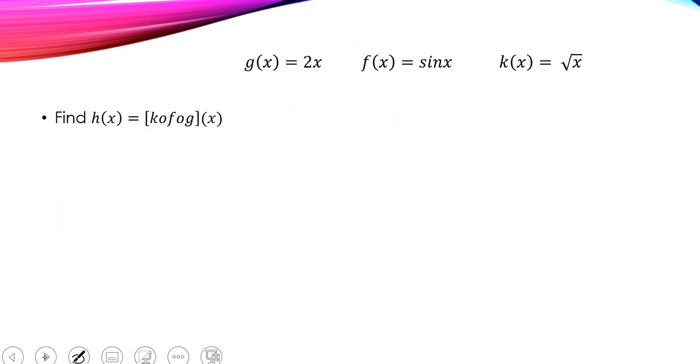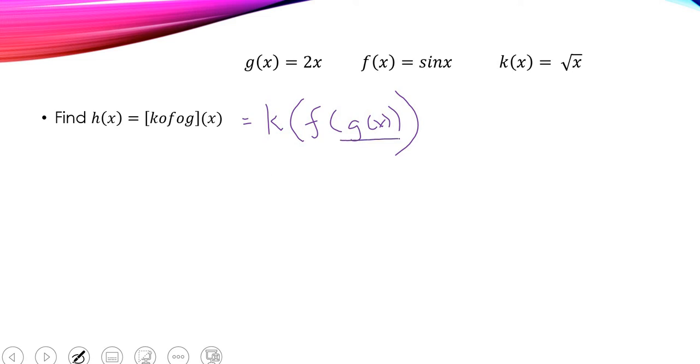So let's look again. Now I've got three functions. h of x is k of f of g of x. Again, let's write this with our inside function and then our outside. So k of f of g of x.